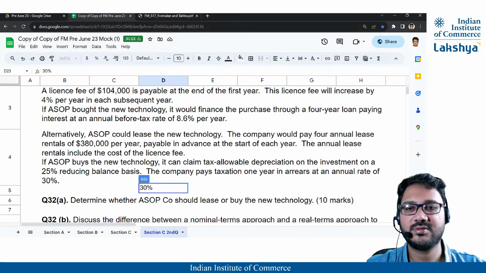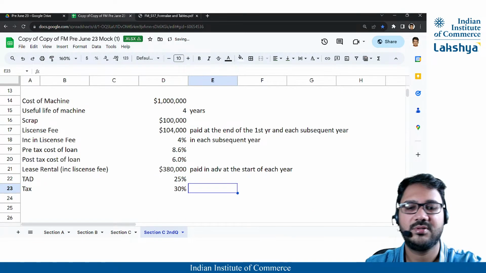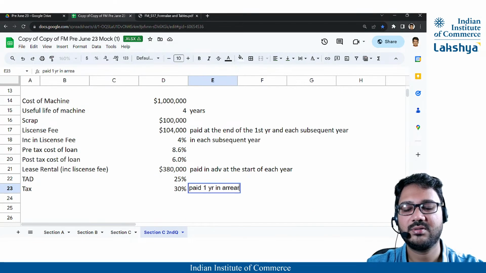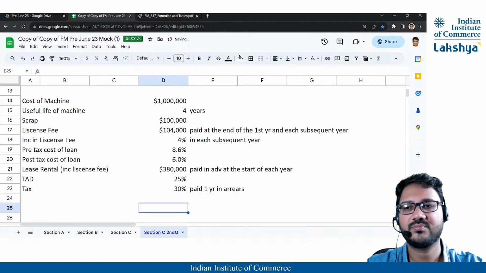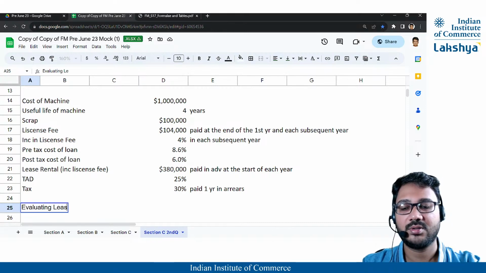Okay, what else? The company pays tax one year in arrears. Now let us first evaluate the leasing option.